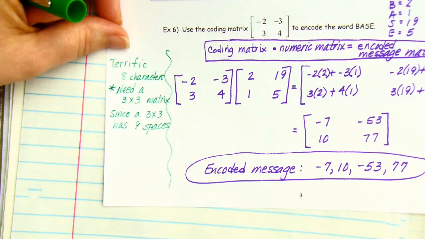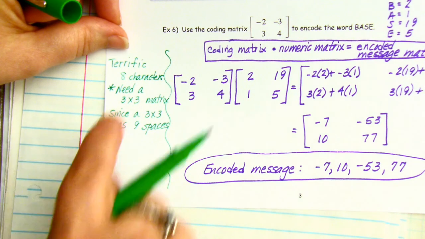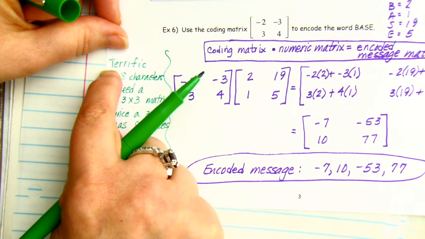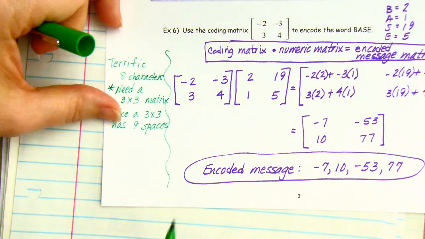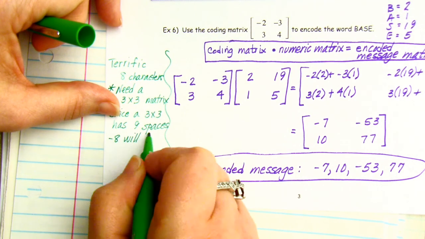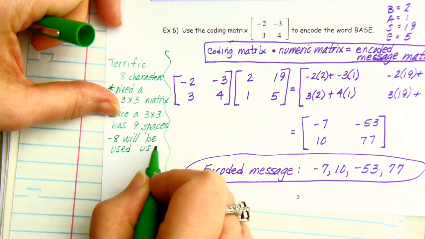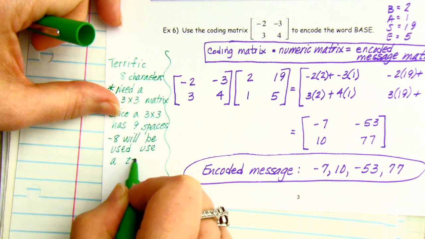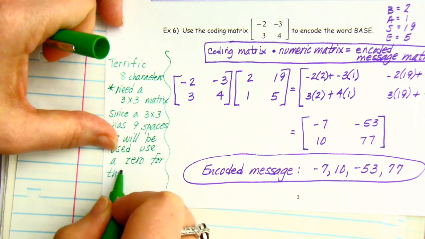I would use 8 of those spaces when I convert my alpha into numeric, and I would have 1 space left over in the matrix, and I would insert a 0. Okay, so 8 will be used. Use a 0 for the last character.